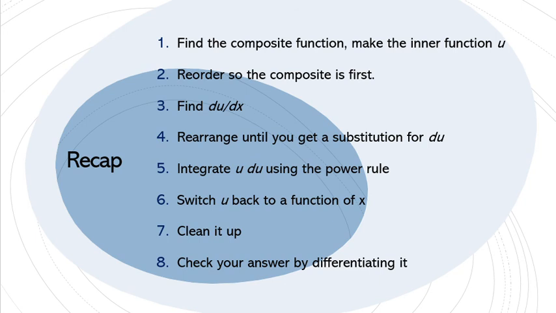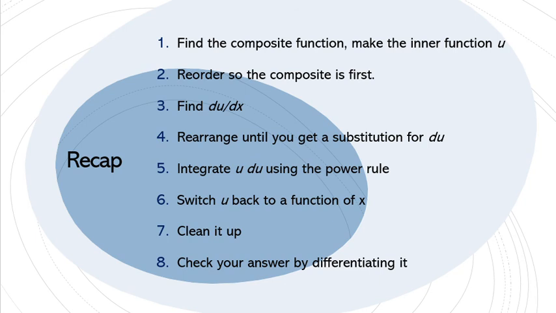Reorder it if you want to, so the composite is first and you can see what you're trying to find for the derivative dx. So now you're going to set u equal to that inner function, and then find the derivative du dx. And you rearrange that du dx formula until you get a clear substitution that works for du.